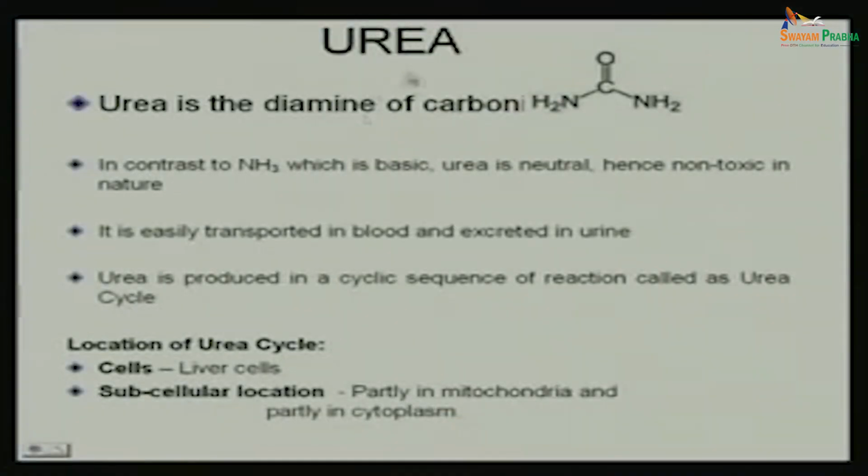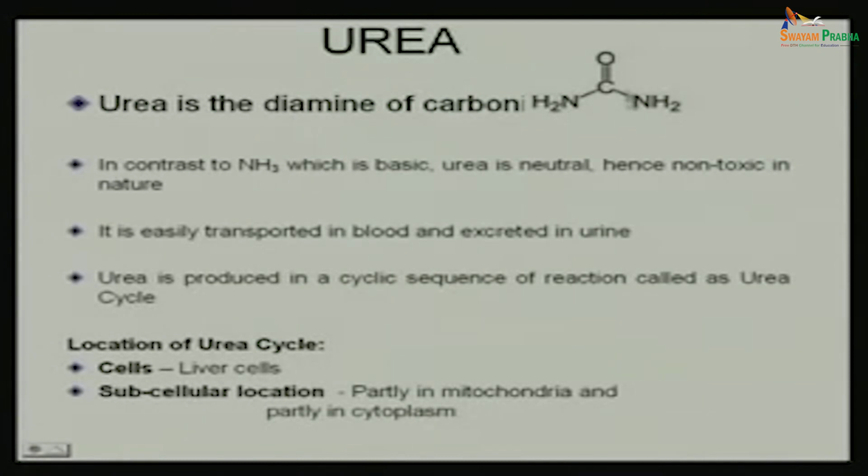And when such processes are going on inside the system, we are detoxifying our body from this toxic accumulation. Today we will be learning how urea is excreted from the living system. Now, if we see the structure of urea, it is the diamide of carbon.